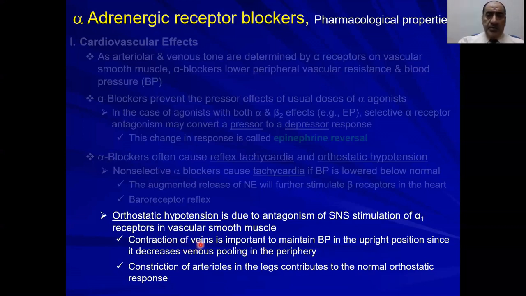So this is the venoconstriction, because the veins maintain blood pressure by decreasing the pooling of blood in the extremities, specifically in the lower part of the legs. And regarding the arterioles, usually the sympathetic nervous system constricts the arterioles in the leg, which contributes to the normal orthostatic response. Both of these will be inhibited, and this will cause orthostatic hypotension.